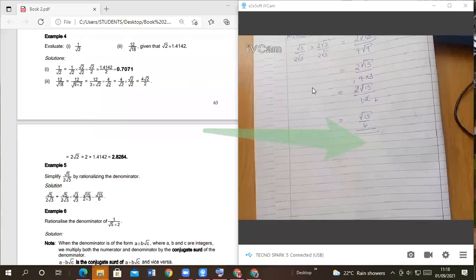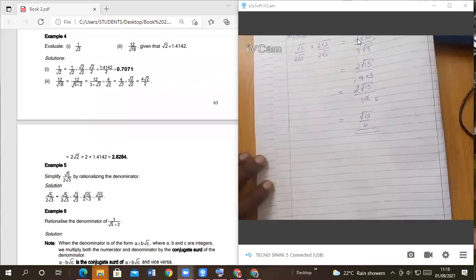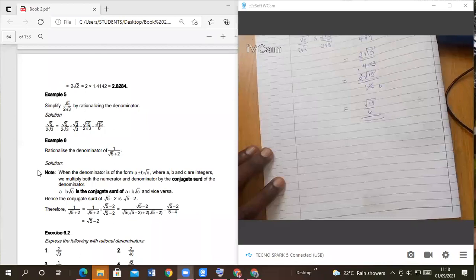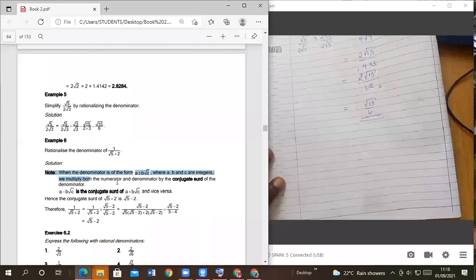What if we have more than one term in a denominator? What do we do? Write this note now. Are you seeing this note here?